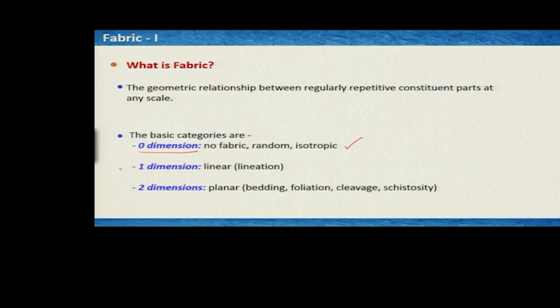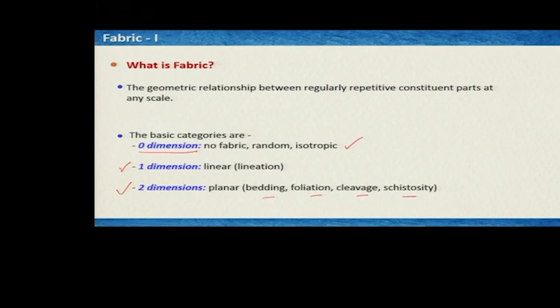And these 2 are important. If they are in 1 dimension, then we call it linear fabric or lineations. So, fabrics are only visible in 1 direction. And of course, there are 2 dimensional fabrics, which we will be discussing in this lecture and in the next lecture, known as planar fabrics, and that include bedding, foliation, cleavage and schistosity.